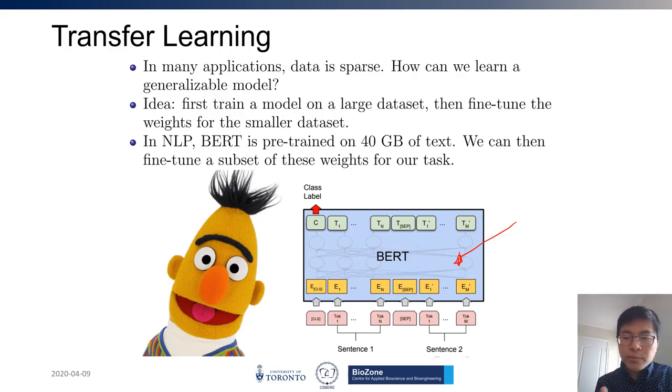And then for your particular task, you could say, okay, I want to fine-tune a subset of these weights. Or in addition, you can add in a few more layers at the end and simply use the output of the larger model for your subsequent smaller application. So this is critical for data sets where you don't have a lot of data.